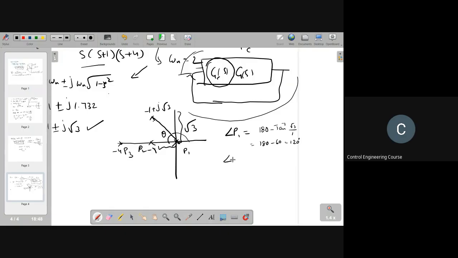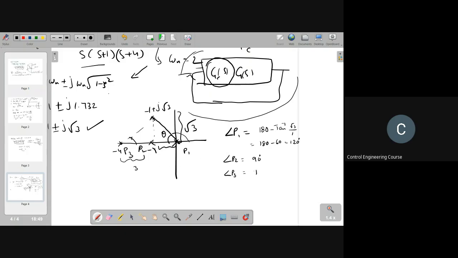And the angle contributed by P2 is 90 degrees. Directly you can see from here. And this angle we always calculate with respect to the positive direction. That means the angle contributed by pole P3 to the desired pole s_d: this distance is 3, right?